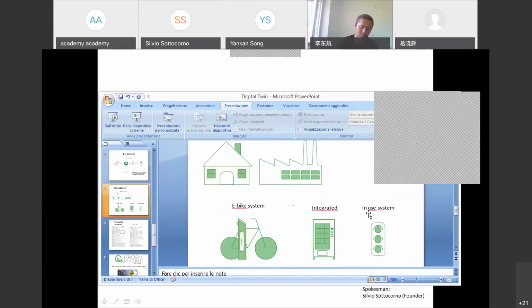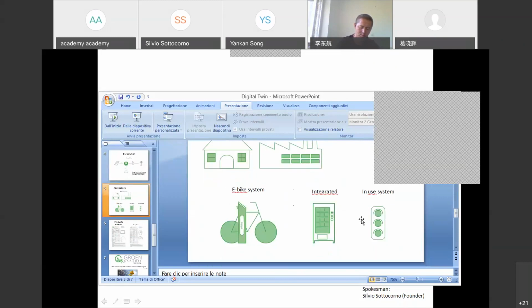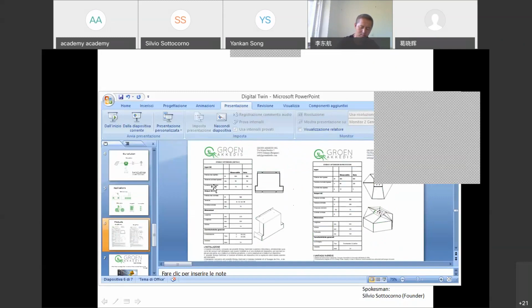In this case, we have a partnership with Torino City Lab to test our idea. We have developed two products. One of these is Energy Optimizer, a product for smart cities. It's a 500 watt power, and the main feature is to use this product inside other devices.